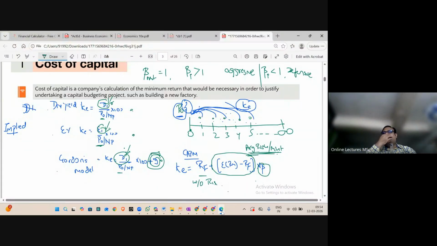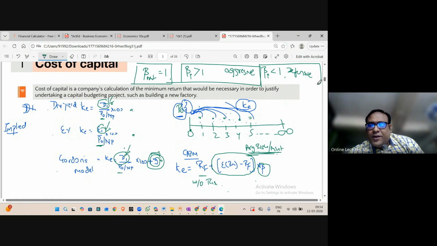Could you add one more thing? Beta of a risk-free asset is 0.